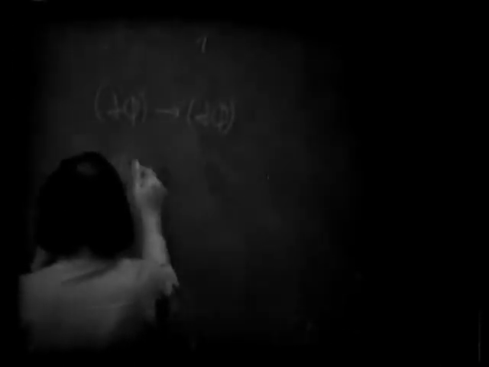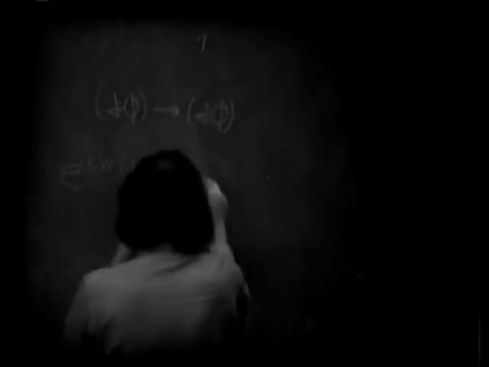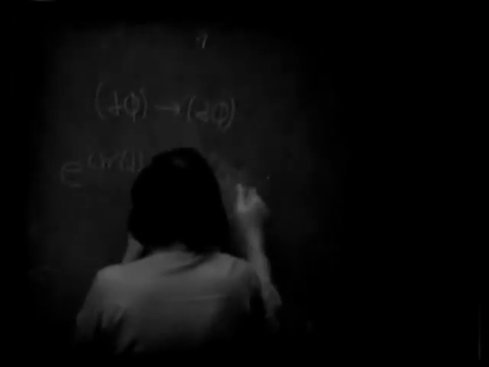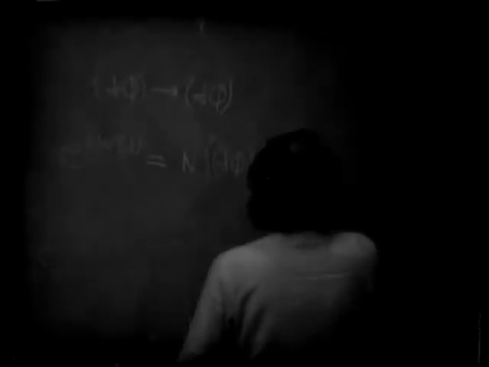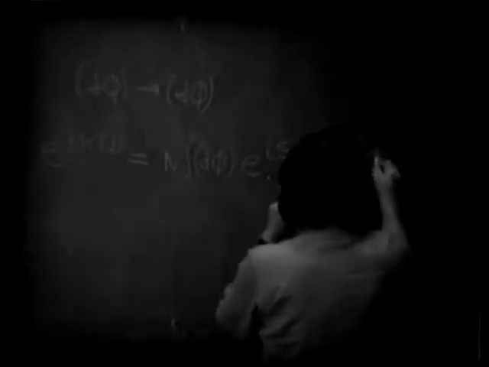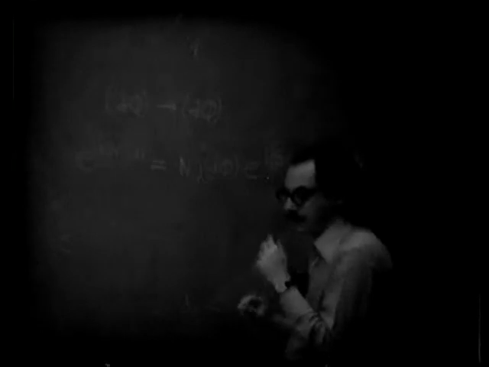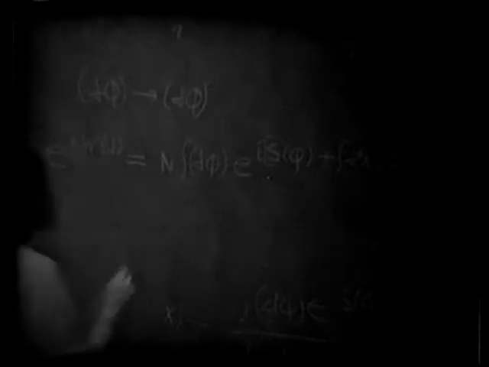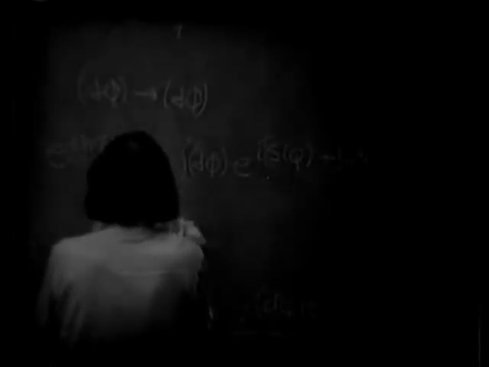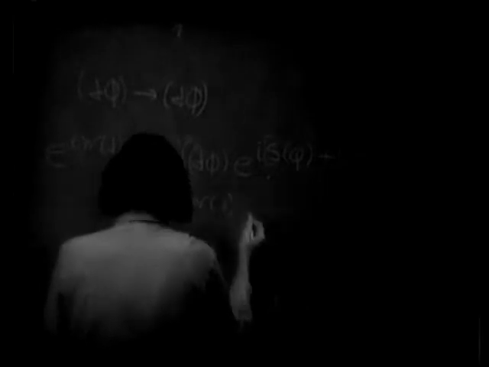Thus, e to the i w of j, which equals some normalization constant, integral d phi, e to the i s of phi plus integral d4x j phi. Now putting the source term explicitly, I'll just change the variables. You change the variables and integration doesn't change it. So this goes into, what's the change?